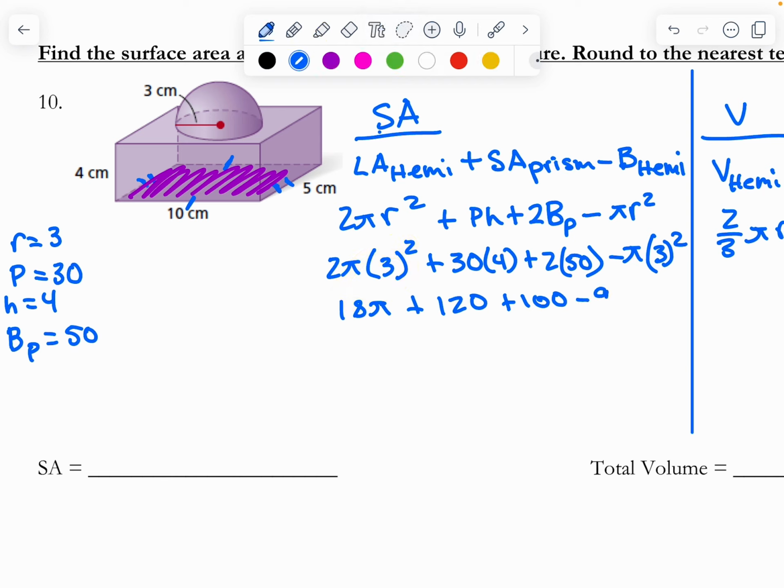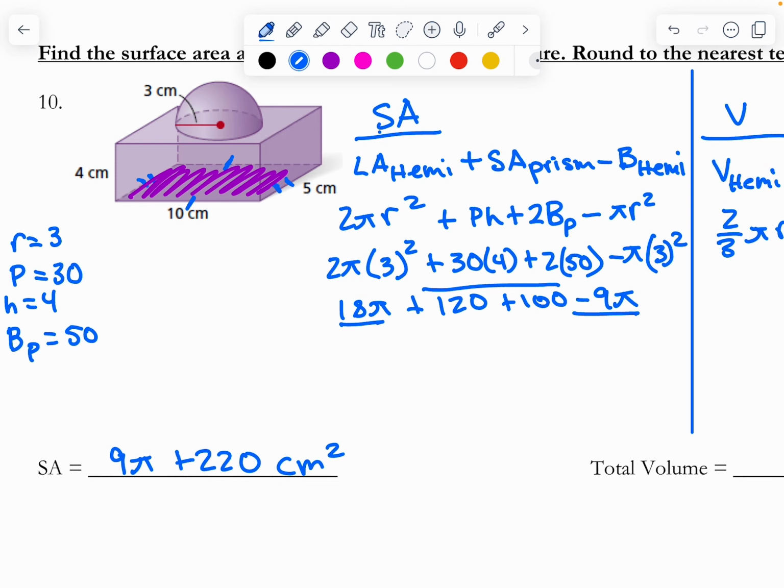In this case, it's 9 pi. All right, so 18 pi minus 9 pi, well, that's 9 pi. Combining 18 pi with minus 9 pi, we get 9 pi. And then we do 100 plus 120, and we get 220. And we can just leave our answer like this, because we cannot combine 9 pi with 220. So this is it. We're done.